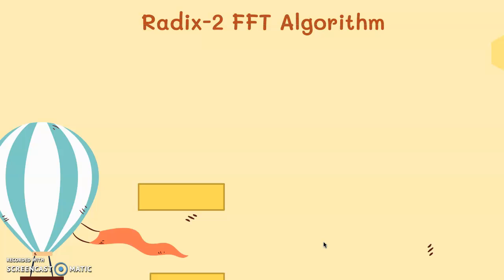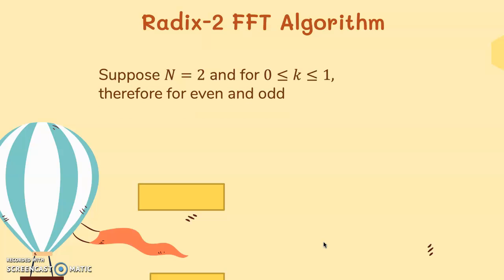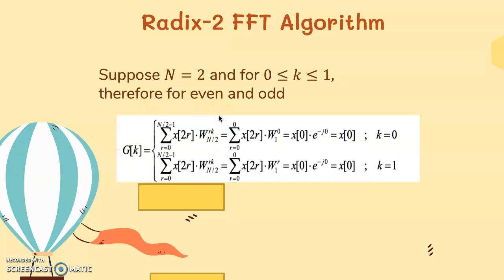And then the next one is radix 2 FFT. So suppose N equals 2, and k is from 0 to 1 because N minus 1 is 1. Therefore, for even and odd, you will get the equation that we already derived in divide and conquer, so you just apply it here.